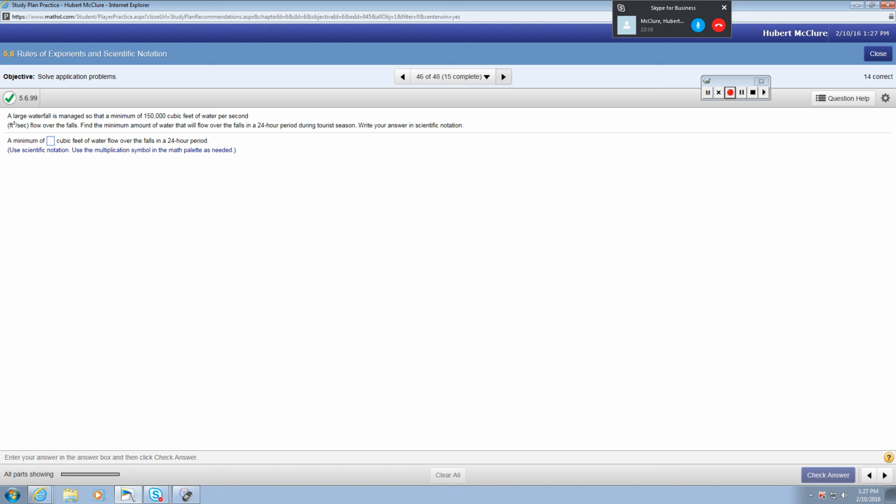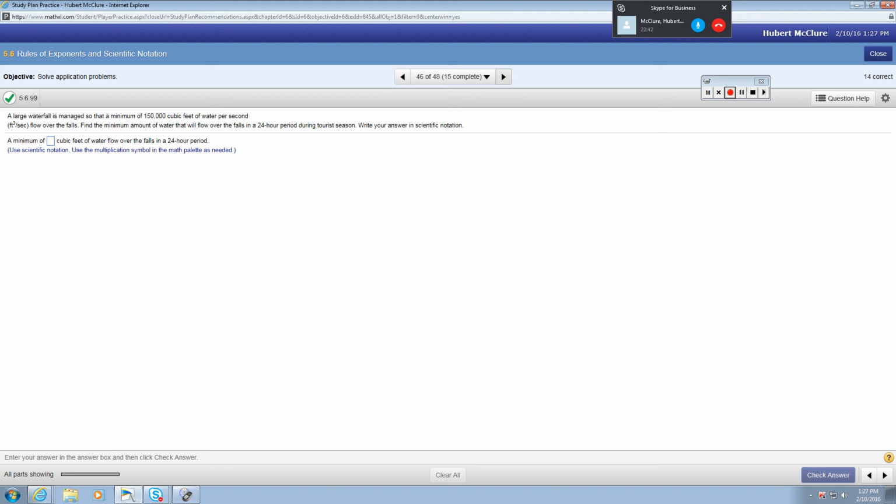Y'all with me? Now, whenever you do a unit conversion, and some of you nursing people need to know this because you're going to do a lot of unit conversions and dimensional analysis, and it's the same thing. You got to put something over something, because there's only 2 ways to cancel with fractions: diagonally and vertically.